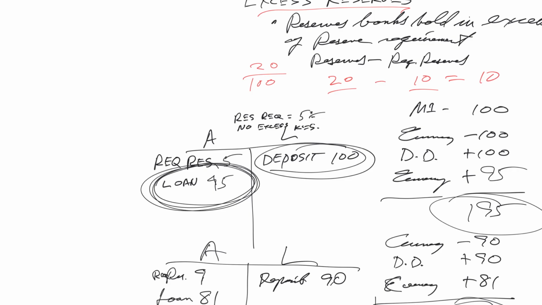So a higher reserve requirement means more has to be held as reserves, therefore less lending, therefore less money supply. The lower the reserve requirement, that means less has to be held as reserves, more lending, more money supply. There you go.